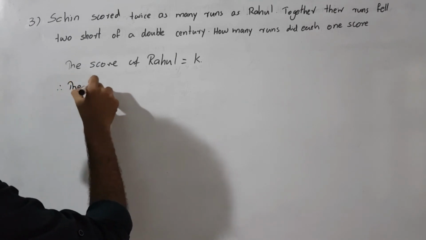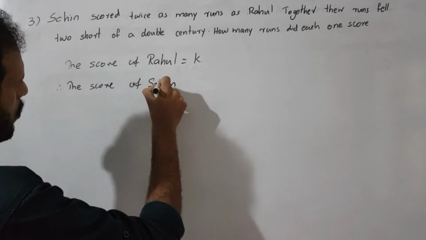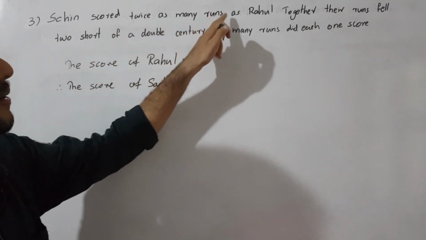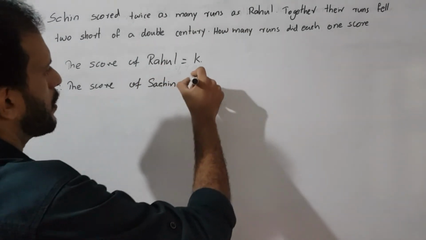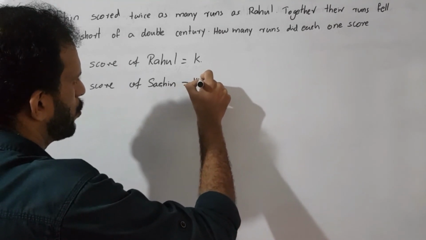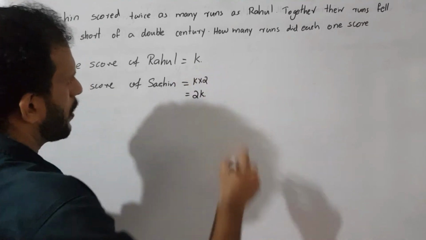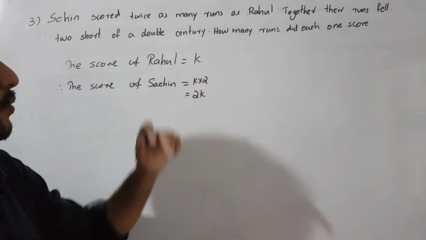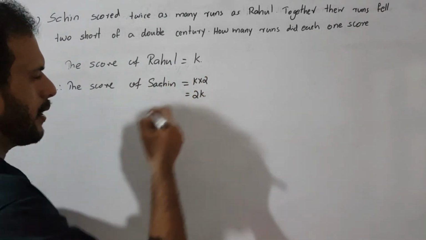Therefore, the score of Sachin is equal to twice as many runs as Rahul. എന്ന് പറഞ്ഞാൽ എന്താ? Rahul score ചെയ്തതിൻ്റെ twice ആണ്, means K into 2. K into 2 means 2K. Okay, twice as runs as Rahul score ചെയ്തതിൻ്റെ twice ആണ്, that is K into 2 is equal to 2K.